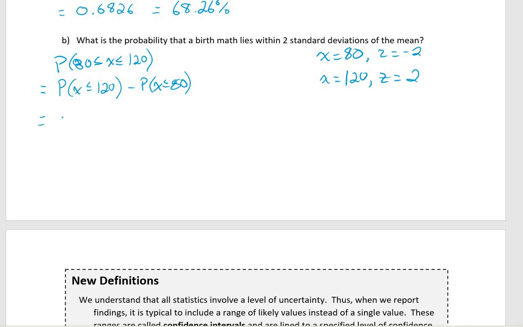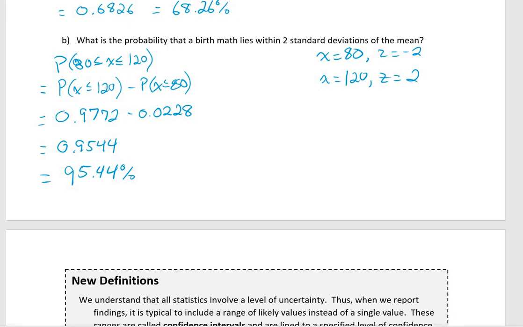So when z is 2, our value is 0.9772, and for a z value of -2, we get 0.0228, giving us a total probability of 0.9544, or 95.44%. So for today, we're showing how we did it.